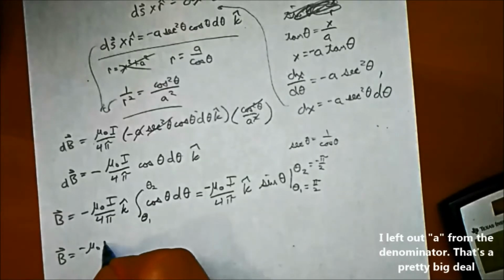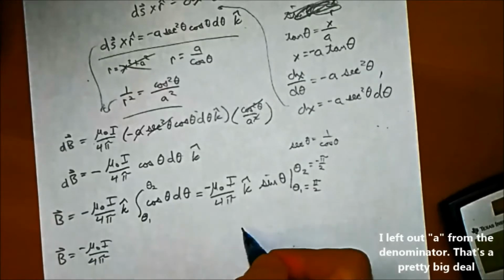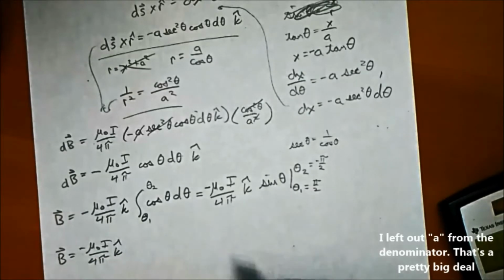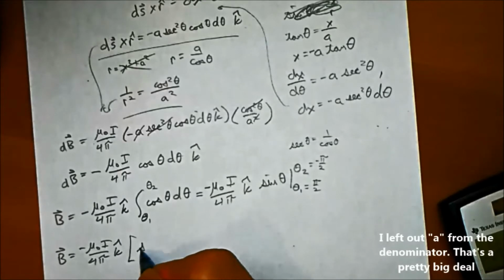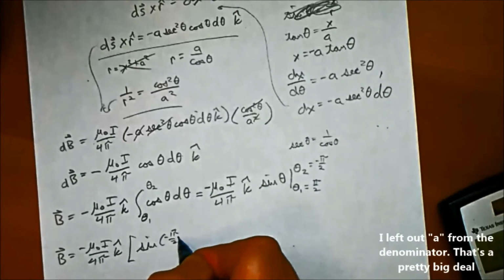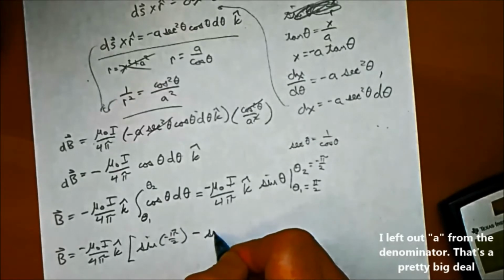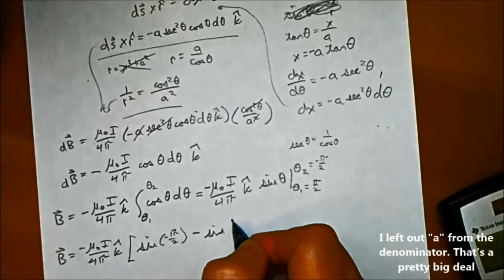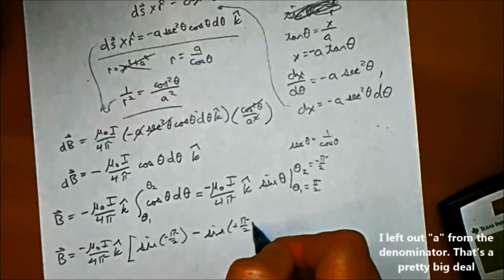So mu naught I over 4 pi k hat times sine of negative pi over 2 minus sine of positive pi over 2.